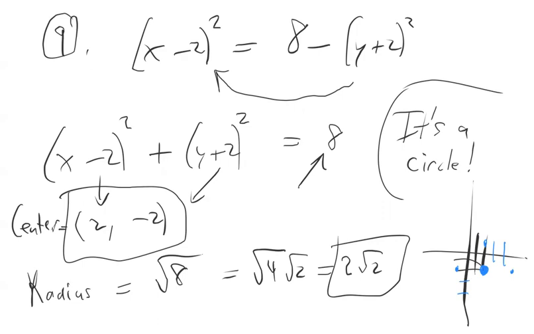If you draw the circle with the radius of 2.8, it's going to look about like that. So you're going to choose the multiple choice graph that looks the closest to having a center point of (2, -2) and a radius of 2 square root of 2.